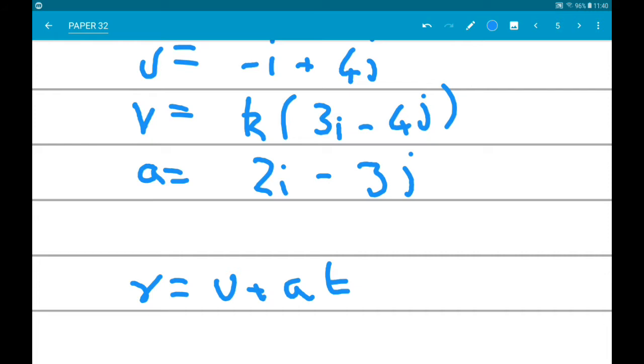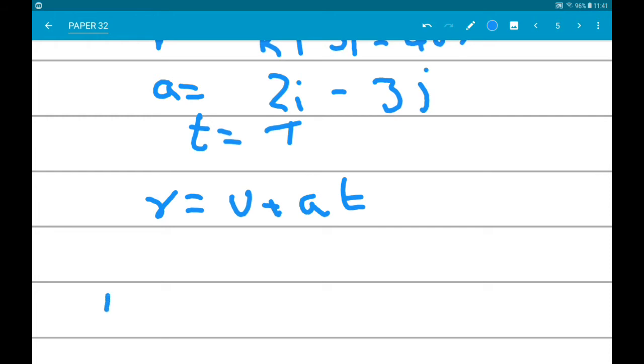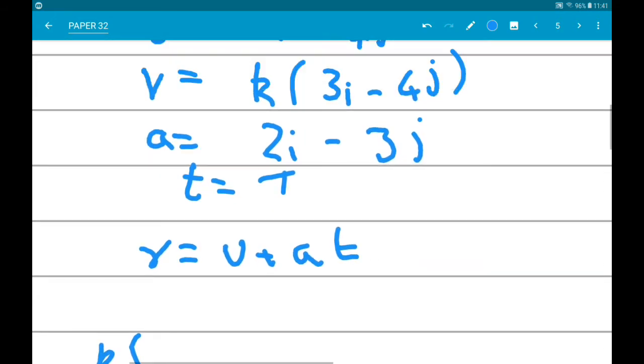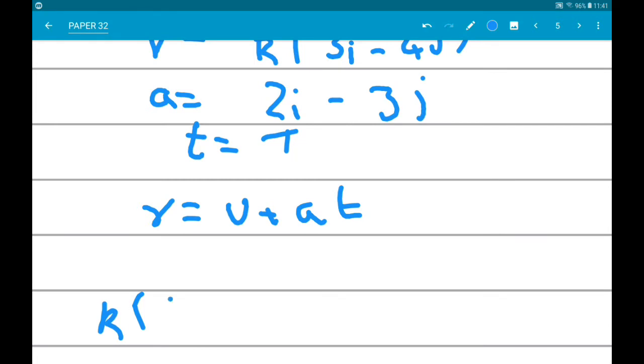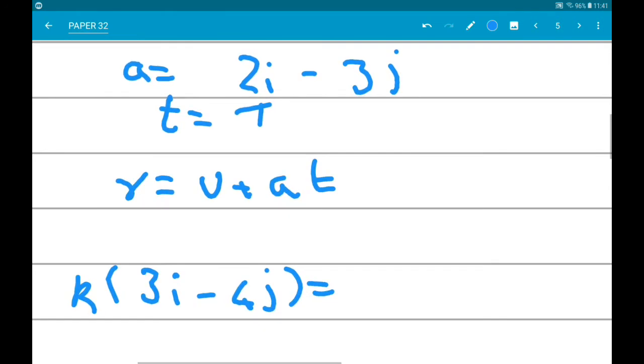Alright, well I guess we also know that t is capital T. So we know then that k times 3i minus 4j is equal to u, so minus i add 4j, add a times t.